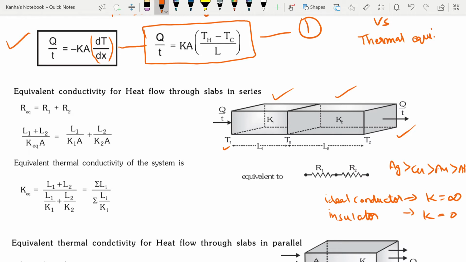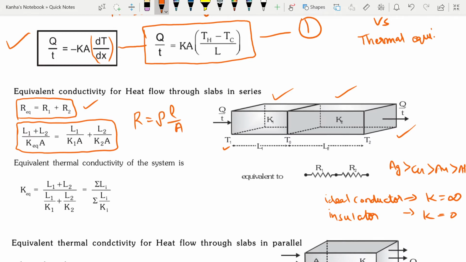The equivalent resistance is R1 plus R2, and that implies (L1 plus L2) by K equivalent A is equal to L1 by K1A plus L2 by K2A. This is the resistance, and using the form that R is equal to rho into L by A, where rho is equal to 1 by K, you can easily find that the K's will add like this.